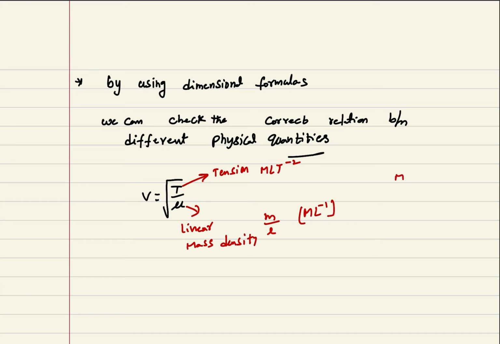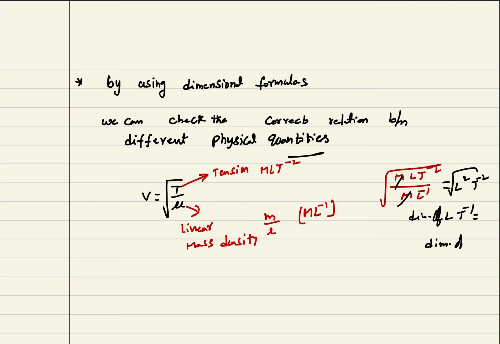Unit is kg per meter, you can write m l power minus 1. If you write this m l t power minus 2 divided by the m l power minus 1 under root, so you can get the m and m get cancelled, l power 2 t power minus 2 under root is there. Finally we get l t power minus 1. This is the dimension of L T power minus 1 is equal to dimension of V only.